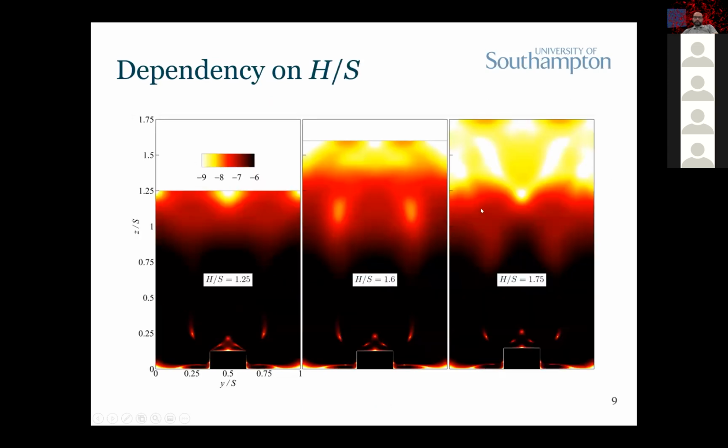And we looked at the effect of the height relative to the rib spacings. So keep the rib spacing the same, we increase the height, and as the height increased, the upper part of the boundary layer showed quite different changes. However, for a height about the same size as S, which is the rib spacing, the mid to low boundary layer region shows very little change.